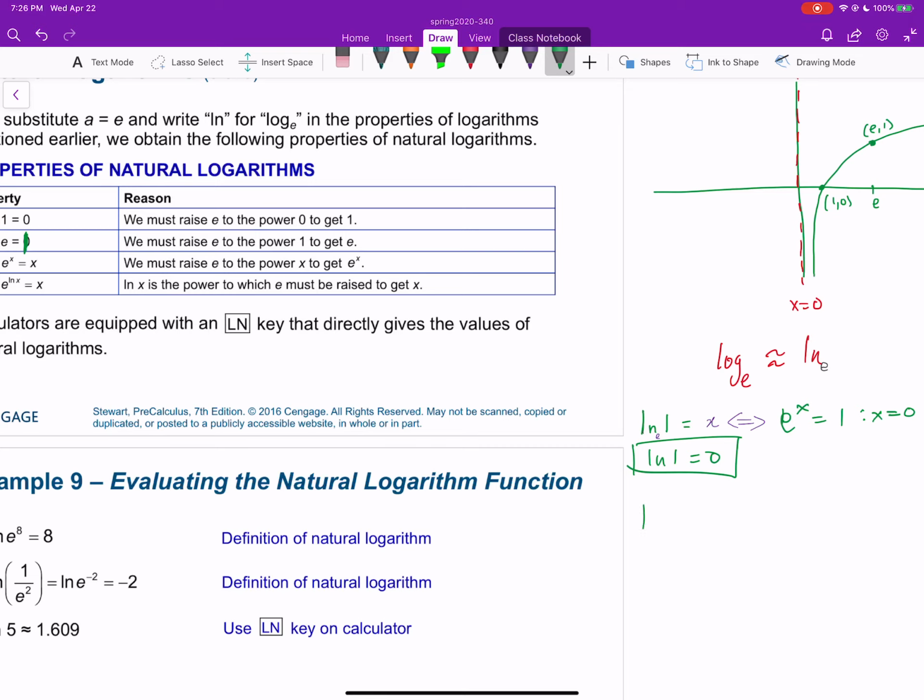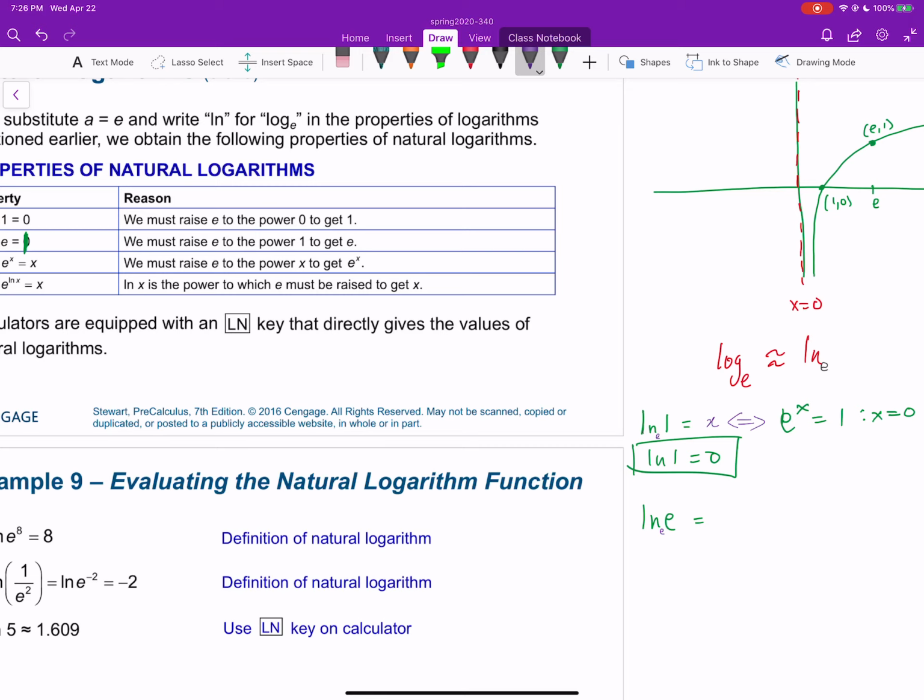Now let's look at the next one, ln e. Again, we can intuitively see that when the base, which is invisible, is e, and we ask ourselves, to what power should we raise e to give us e? Clearly, the answer is 1. Let's do the work.